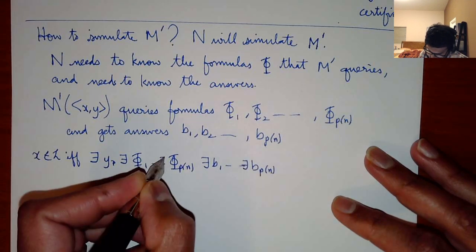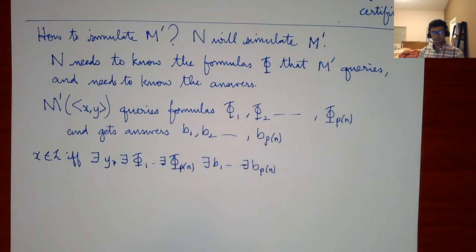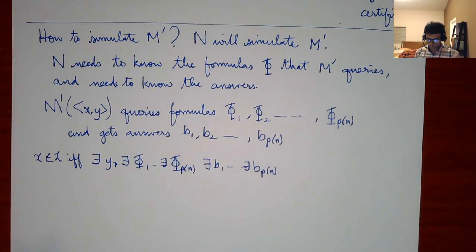All of these are existentials. Now we're going to use the alternation to actually verify if these things are correct or not. And the way we're going to do that is now we're going to do I minus 1 of these.